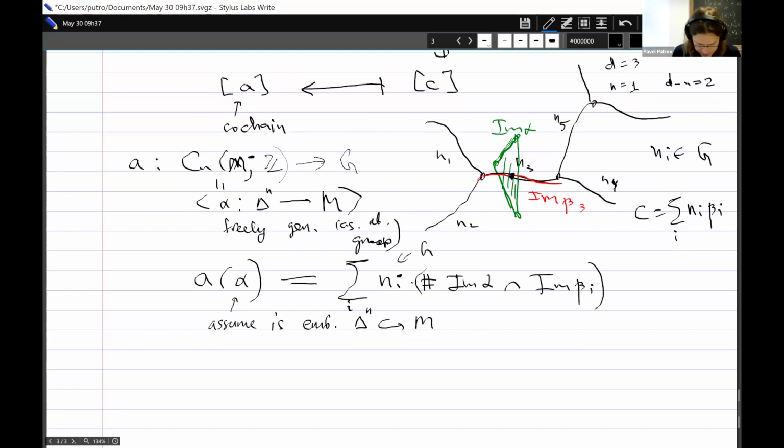One can check that due to this definition, and let me leave it as an exercise, from this interpretation it's clear that delta of A is 0.